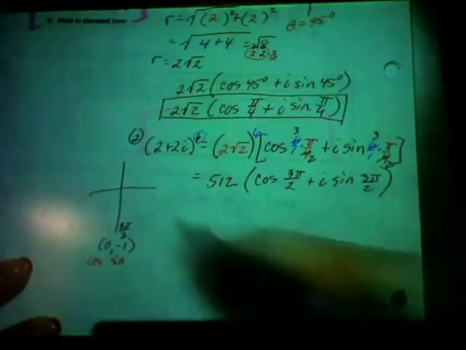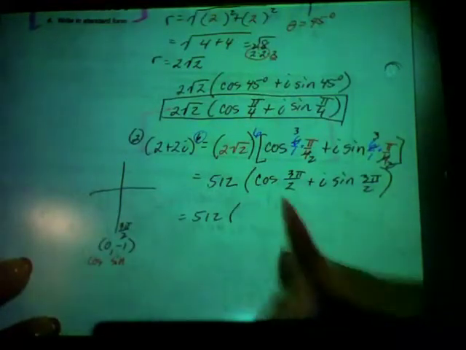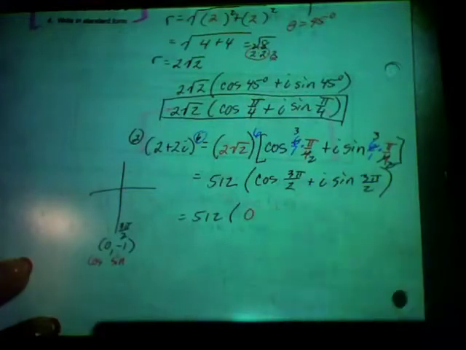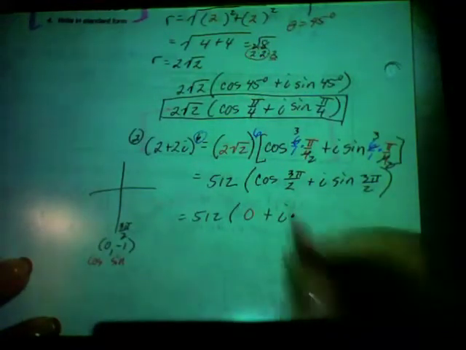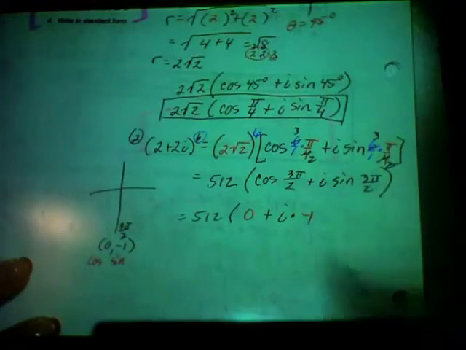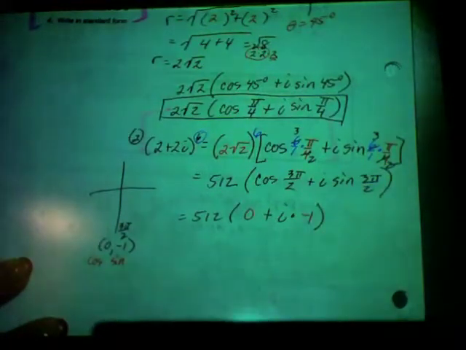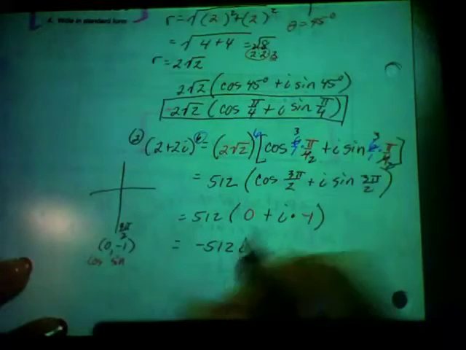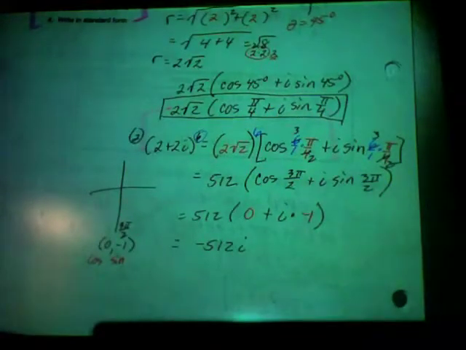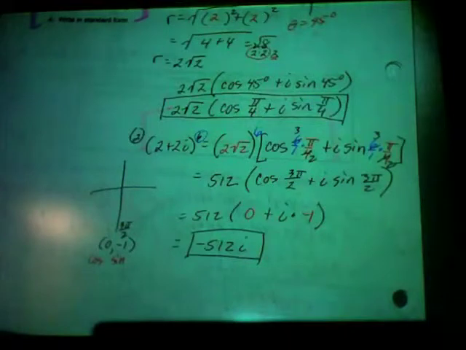So I really have 512 times my cosine, which is 0, plus i times my sine, which is -1. So 512 times 0 is 0, so I don't need to include that. 512 times -1 is -512i. So there is no real part to that, just an imaginary number.